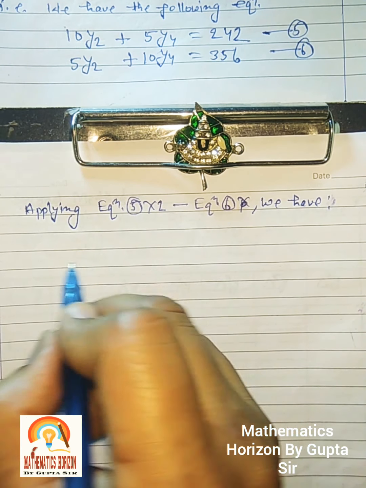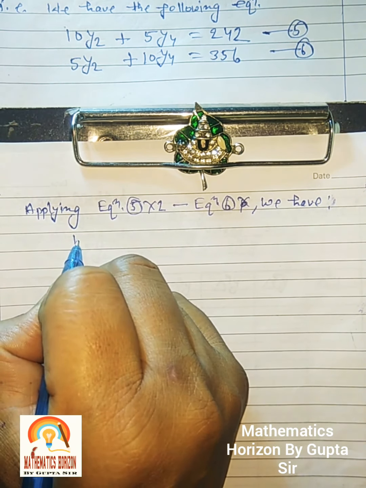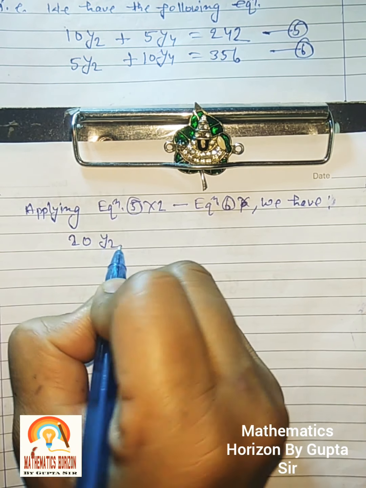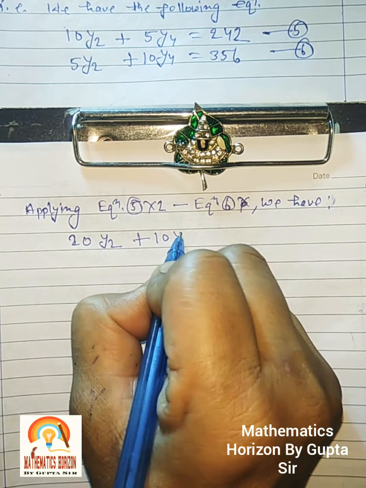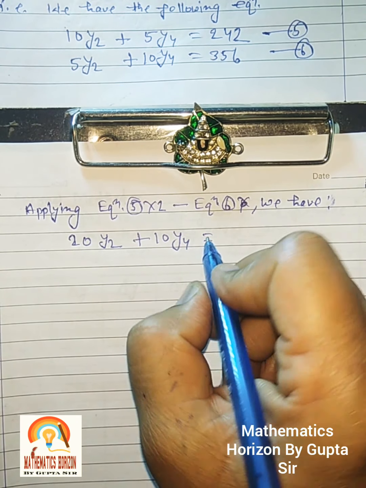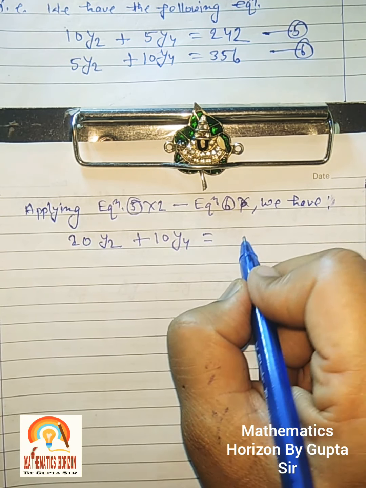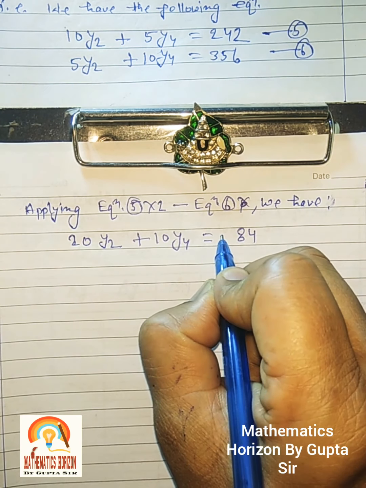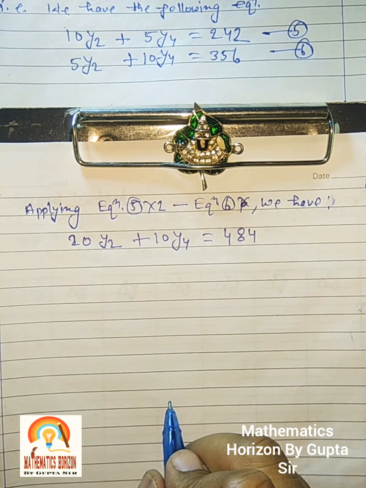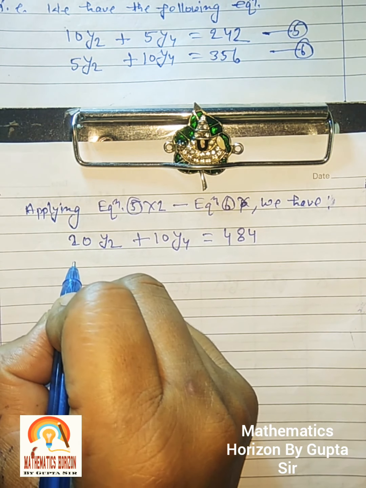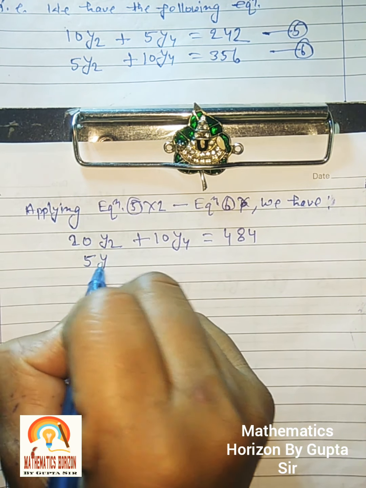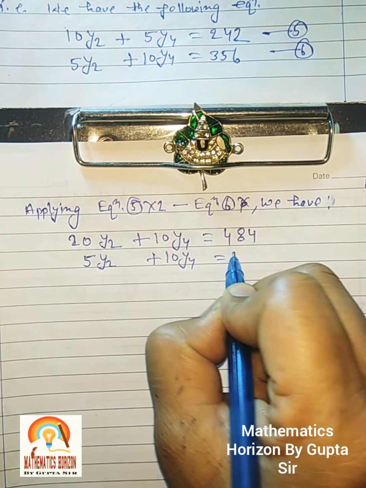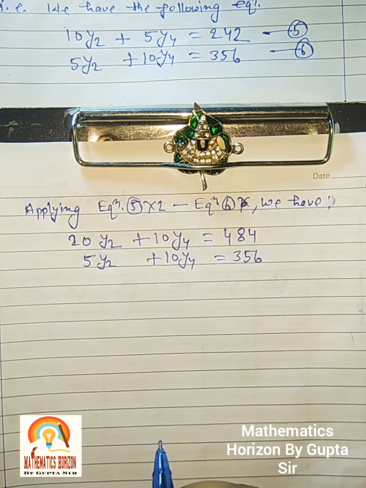Equation 5 into 2 means we have 20y2 plus 10y4 is equal to 484, 2 fours are 8, and 2 twos are 4. And the next equation as it is, that is 5y2 plus 10y4 is equal to 356.